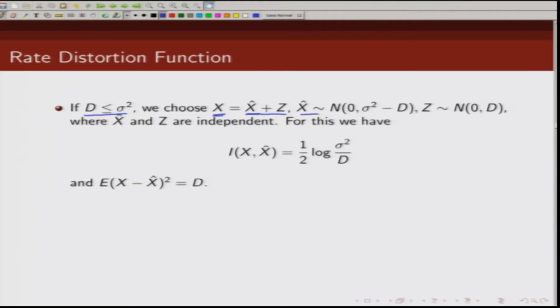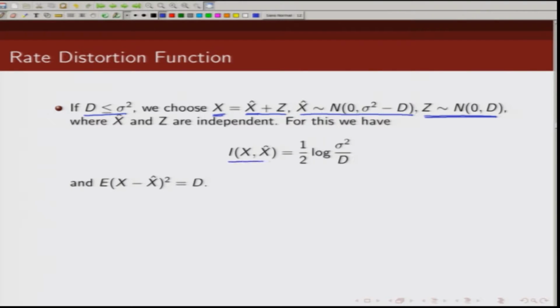X hat is Gaussian distributed with 0 mean and variance sigma square minus d. Z is Gaussian distributed with 0 mean and variance d, and x is Gaussian distributed with mean 0 and variance sigma square.